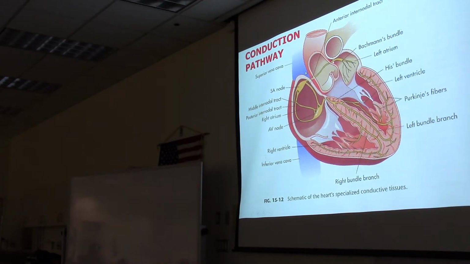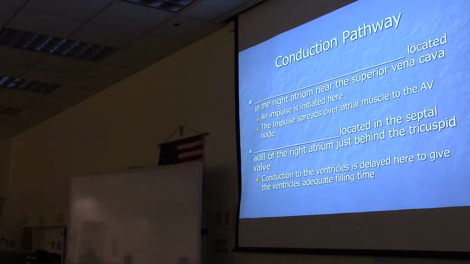The conduction will begin with the SA node. Do you have to write that down, or is that... Oh, it's on the next page. All right, it gives you a blank to fill in, and you're going to put in SA node.